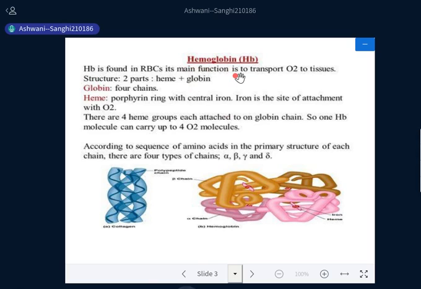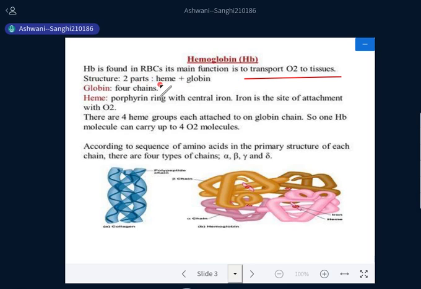Hemoglobin is a conjugated protein that consists of two parts, the heme part and the globin part. Hemoglobin is found in RBC, and its main function is to transport oxygen to tissue.